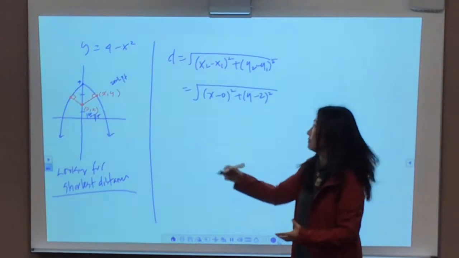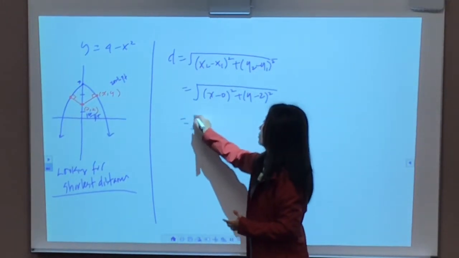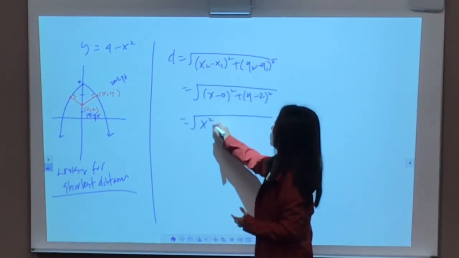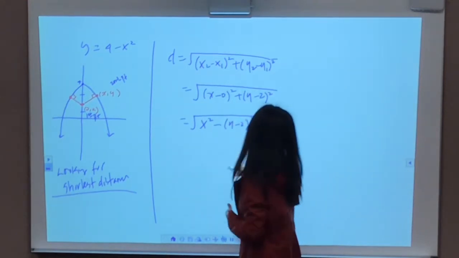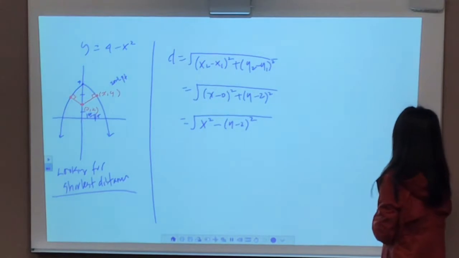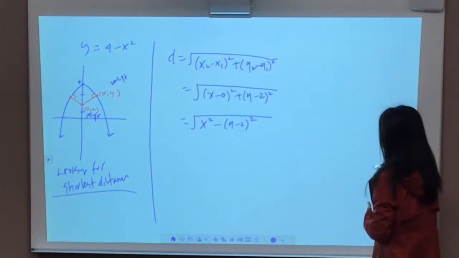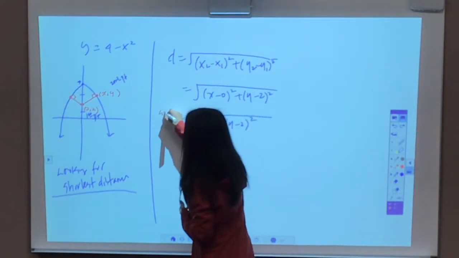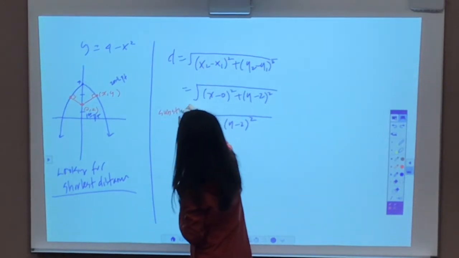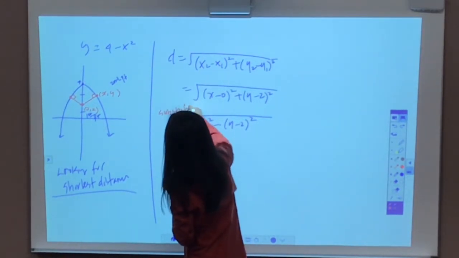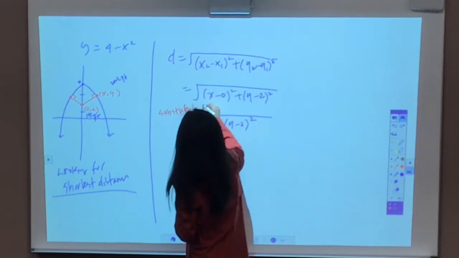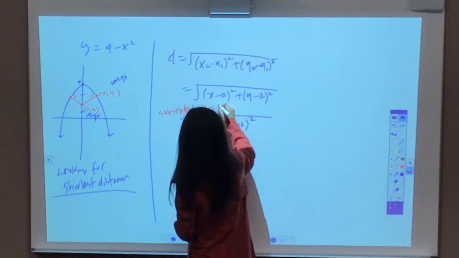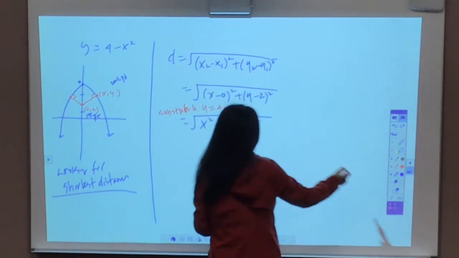I'm doing a second time. So now this is equal to x squared plus y minus 2 squared, and then you're going to do what? Substitute y as what? That's right. So you're going to substitute y as what? 4 minus x squared.